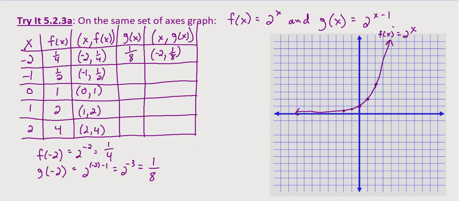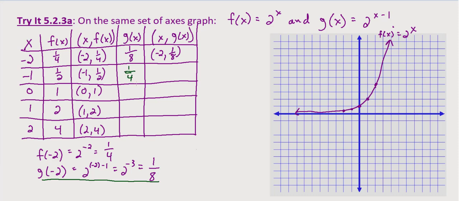And now let's look at g of x. Again, when x equals negative 2, g of x equals 1/8. We did the work for that down here. Similarly, doing the work for x equals negative 1, 0, 1, and 2, we get g of negative 1 is 1/4.